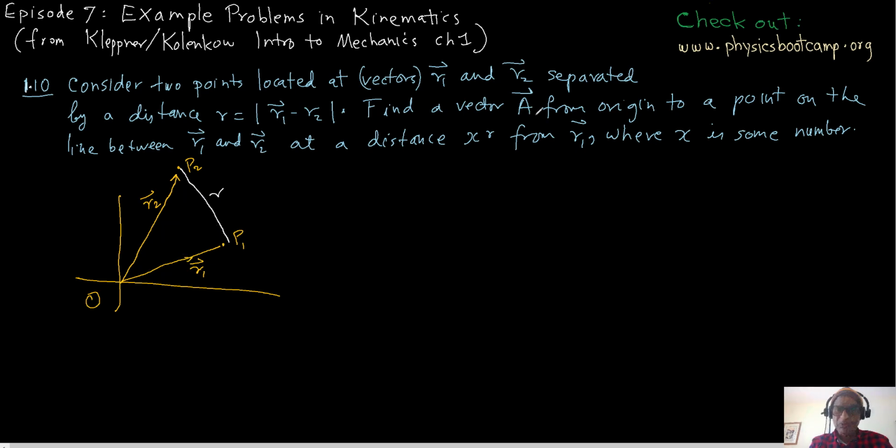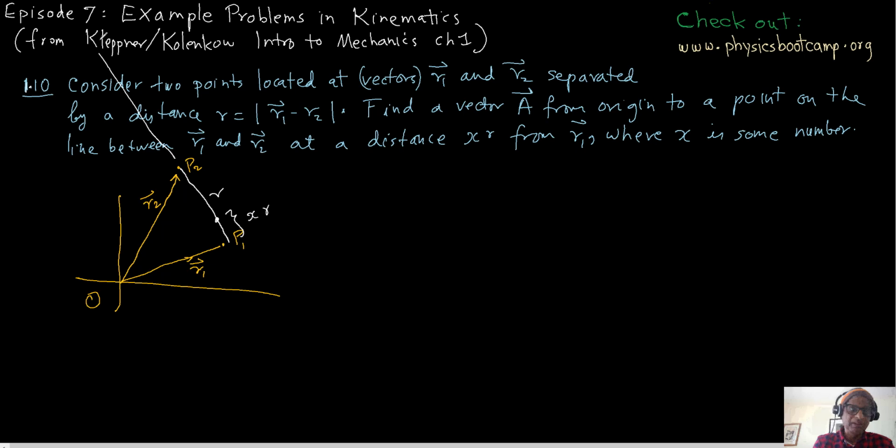We're supposed to find a point which is a distance xr from P1 along the line toward P2. I'm going to draw it so that xr is between P1 and P2, but x can be bigger than that.